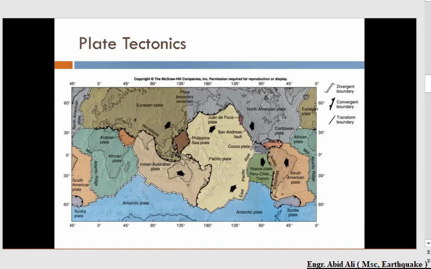The theory of plate tectonics is credited originally to a geologist by the name of Wegener, and he published the paper in 1915. It really is a tragedy, because Wegener published this paper and he was mocked by the scientific community. Not just mocked, he was shunned.